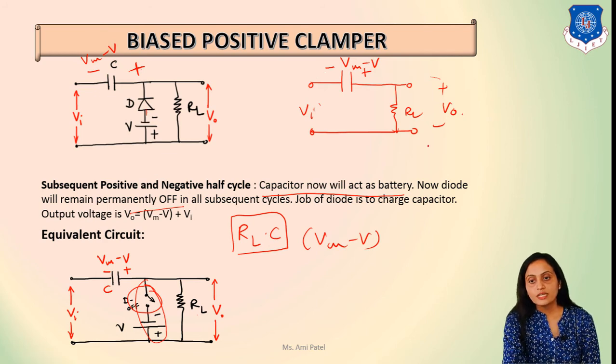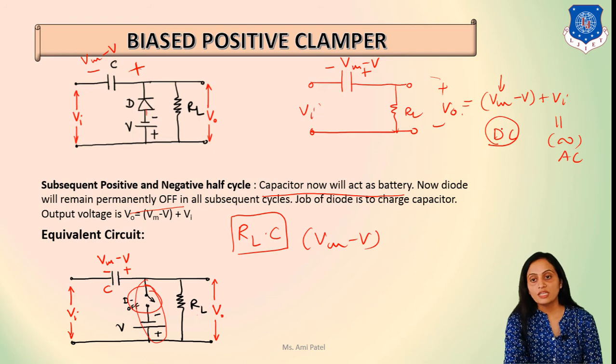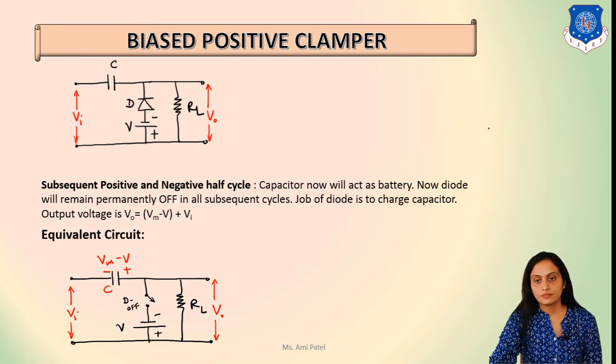So the output voltage is equal to Vm minus V plus Vi. So this is the AC signal which is applied at the input, and this is the DC part which is being added, where Vm is the amplitude of the input signal and V is the reference voltage. So by varying the voltage V, you can design the clamper with different DC voltage levels.